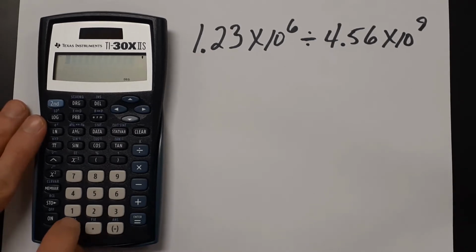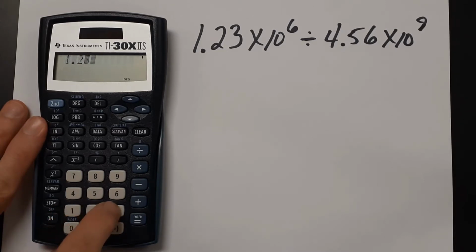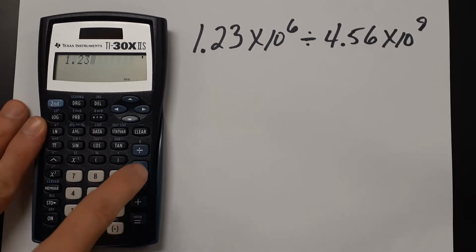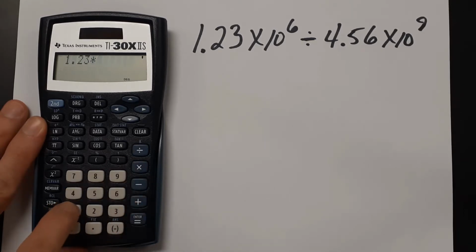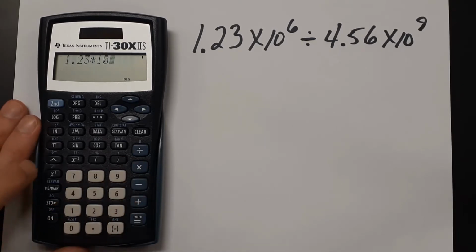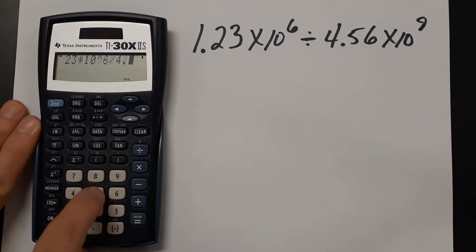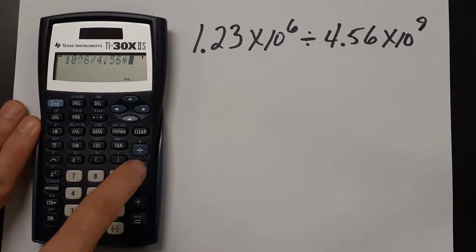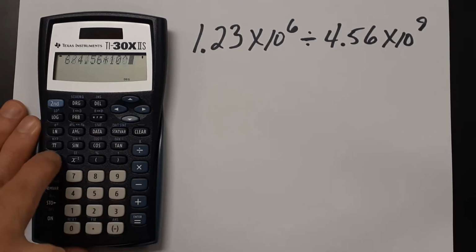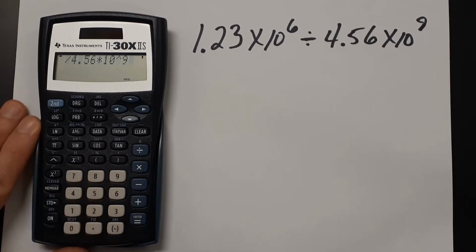Well, what I see a lot of students doing is typing something like this, 1.23, and then when they get to the times 10, they physically want to type times 10 raised to the 6th power. And then they'll keep going, divided by 4.56 times 10 raised to the 9th power. But this is going to create an issue.